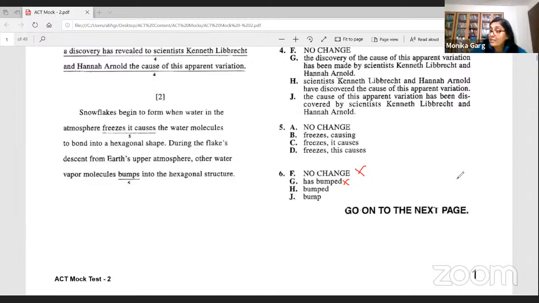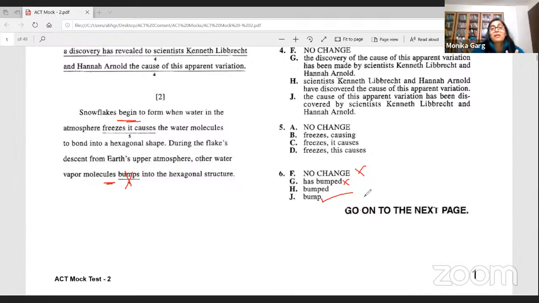If we look at other verbs that have been used, they are all in present tense. And anyways, we are describing a scientific phenomena, so it should be in present tense only. And since we are saying molecules, it cannot be bumps, it has to be bump. That's the plural form here. And that's why the answer would be J and not the other options, right?